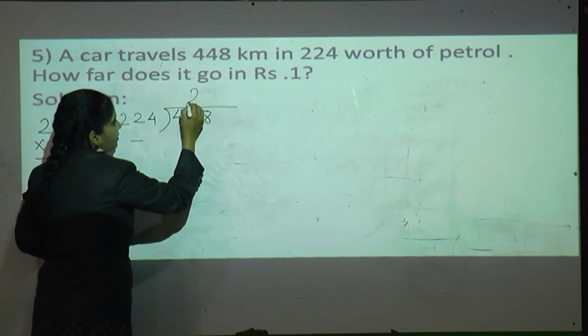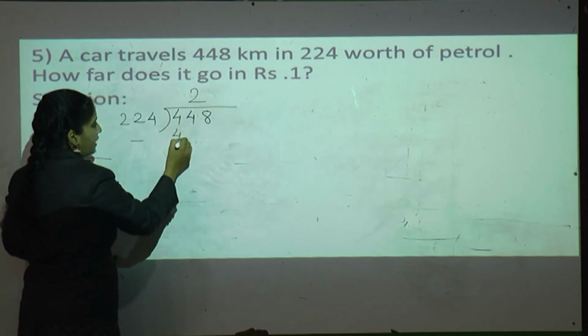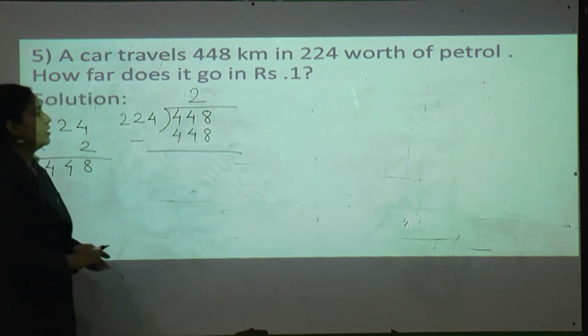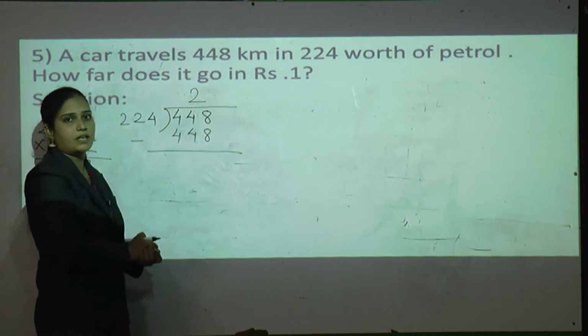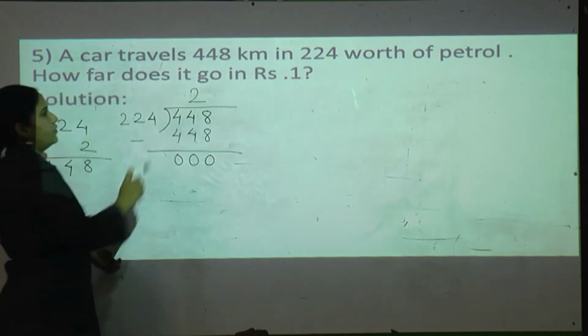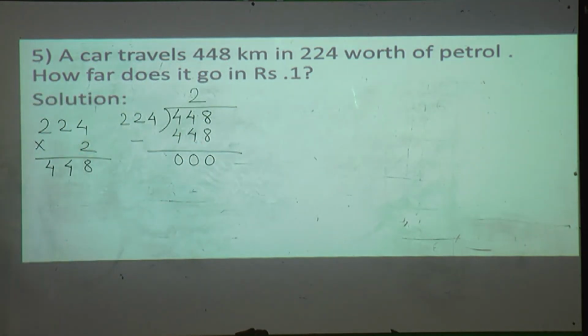So just write here 2 and subtract 448 from 448. So what we will get, students, here? 0. So the remainder will be 0 and your answer is 2. That means a car will go 2 kilometers on rupees 1 of petrol. Okay. Now we'll see the next one.